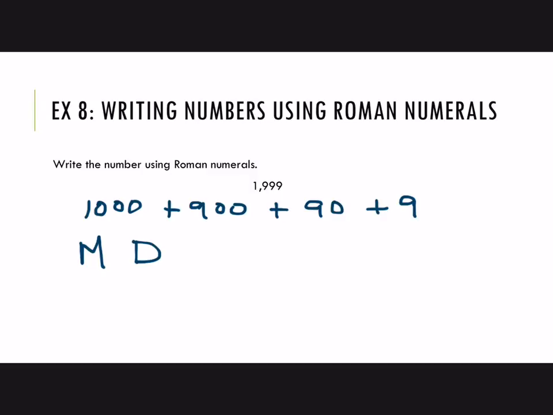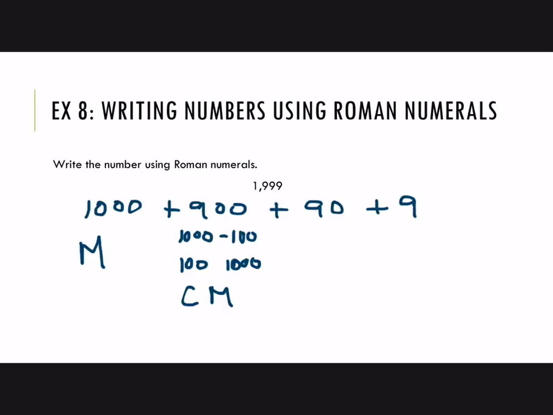We can't write 4 of a symbol. So I would look for that shortcut, and I would see if there's a way to make this. So what I really want to do is write this as 1,000 minus 100. So I need to put the symbol for 100 in front of the symbol for 1,000. Okay, so the symbol for 100 is C, and the symbol for 1,000 is M.